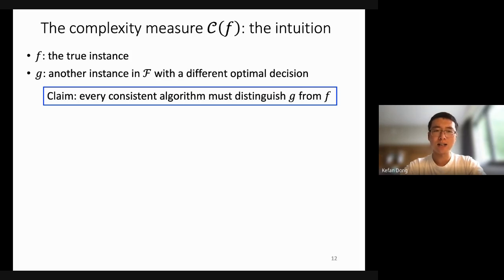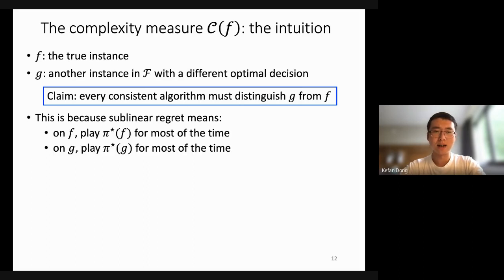Then we claim that every consistent algorithm must distinguish G from F. Why? This is because sublinear regret means that we must play the optimal decision of F for most of the time if the true instance is F. And similarly, we must play a different decision pi star of G for most of the time if the true instance is G. This means that every consistent algorithm has a different behavior on F and G, so it distinguishes G from F.